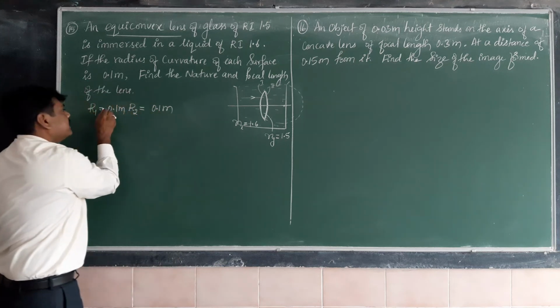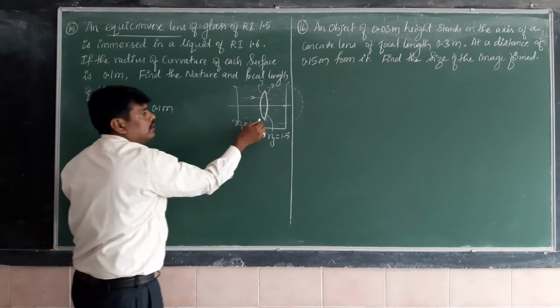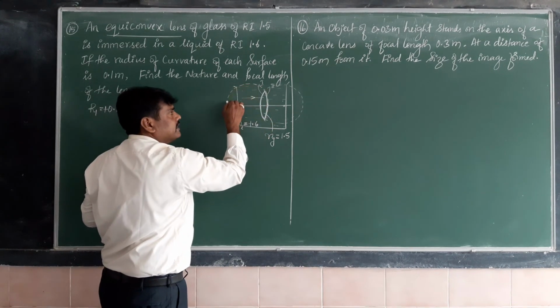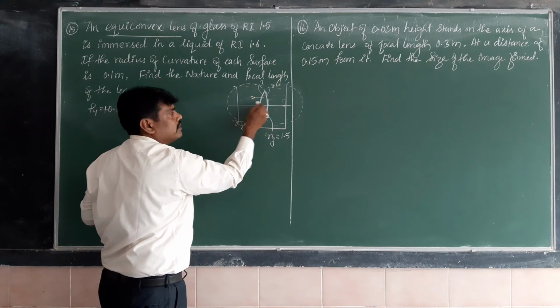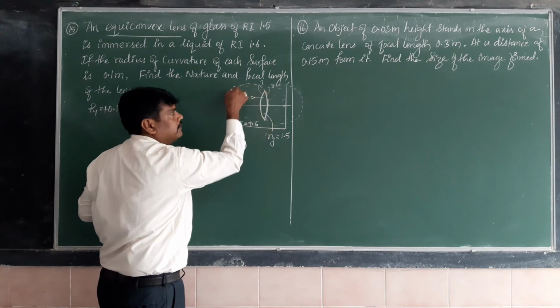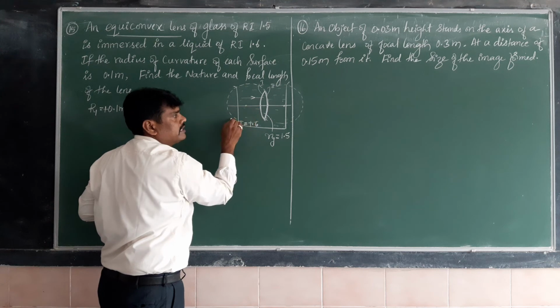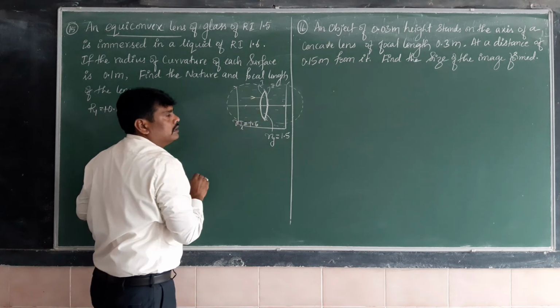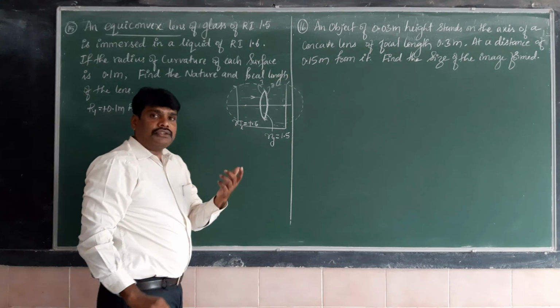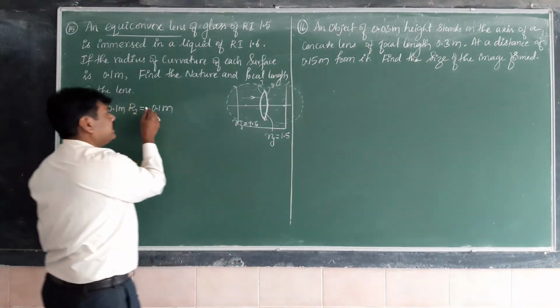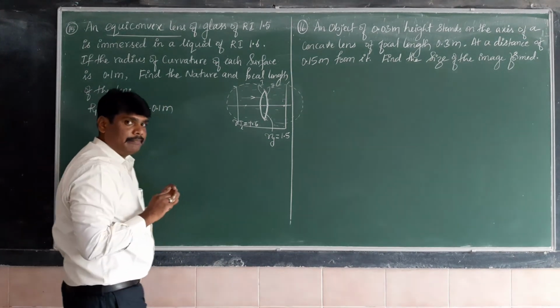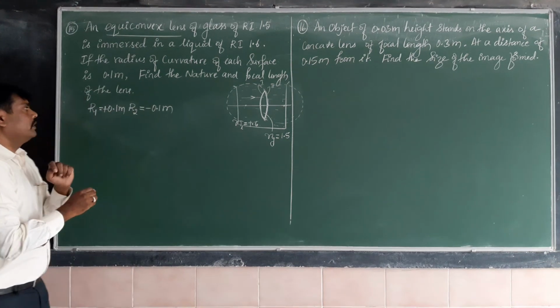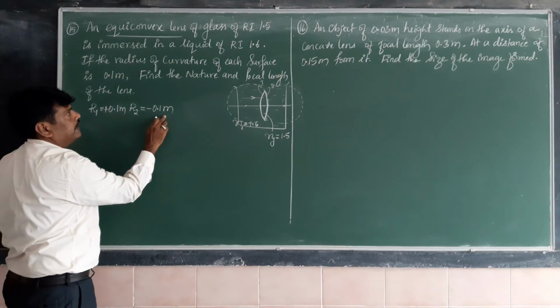That's why the first one, R1, is positive. For the second curved surface, the center of curvature comes somewhere here because this curved surface is part of this sphere. That's why we are measuring from here to here, against the direction of incident, right? That's why we have to take negative here. This is a very important thing. So R1 is positive, R2 is negative.